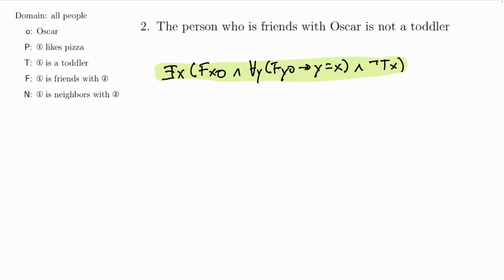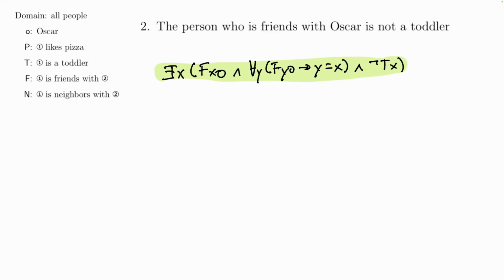They think it's a mistake to talk about such an individual in the first place. So in particular, that person, the person who thinks maybe Oscar has 5 friends or 10 friends, they would disagree with the claim the person who is friends with Oscar is a toddler. Again, because I think it's a mistake to talk about the person who is friends with Oscar.